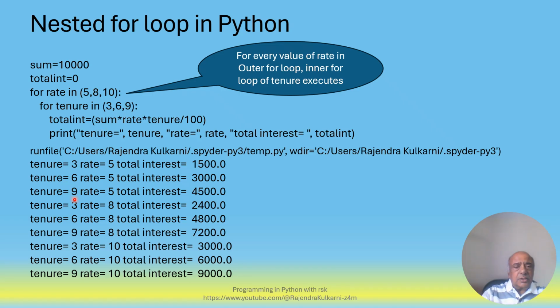This sequence continues with the value 5 first, then the sequence will reset. The outer for loop will assign 8 to rate, and for this value of 8 again the inner for loop will execute 3 times and so on.